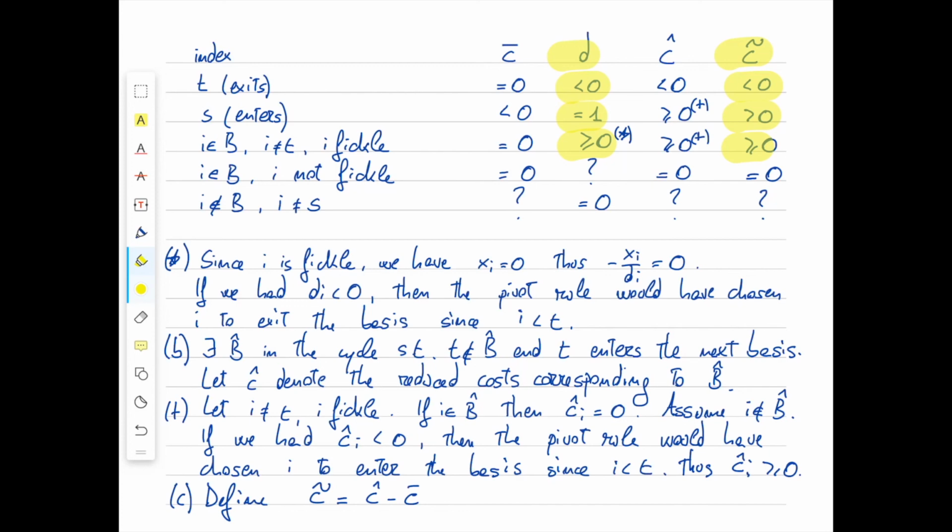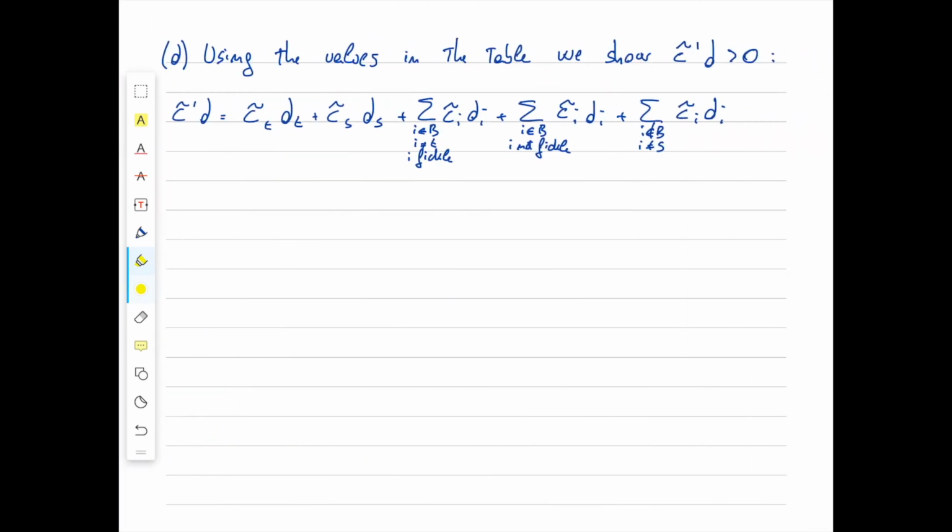In the next row, we have 0 times something, so it's equal to 0. And similarly, in the last row, we have 0 times something, and the result will be equal to 0. So in our sum, all the elements we're summing here are greater than or equal to 0, and at least 2 of them are strictly positive. Therefore, the sum is strictly positive.